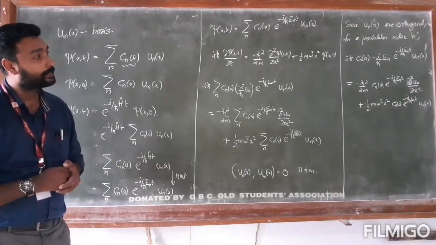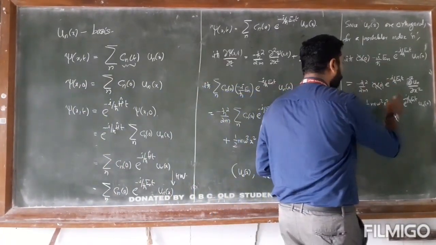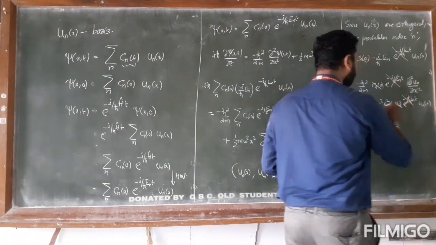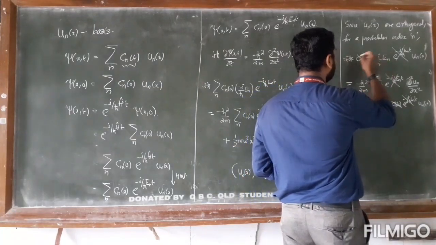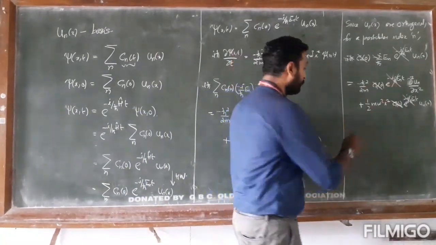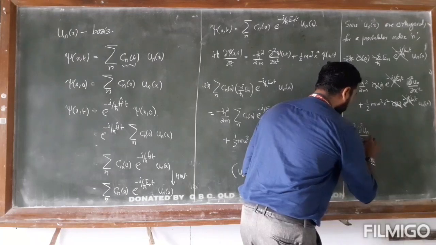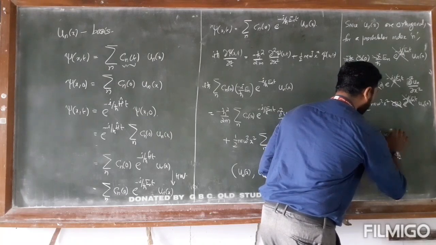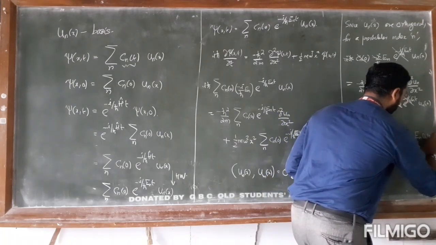Then you can simplify this equation because many terms cancel from both sides: Cn of 0 is common everywhere, so it cancels, and the exponential phase factor also cancels. On the left hand side h cross cancels, and i into minus i cancels. Writing the right hand side first, I get minus h bar square by 2m dou square un by dou x square plus half m omega square x square un of x equals En un of x.